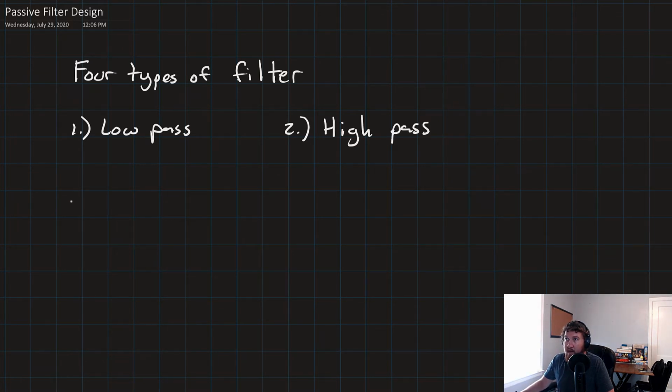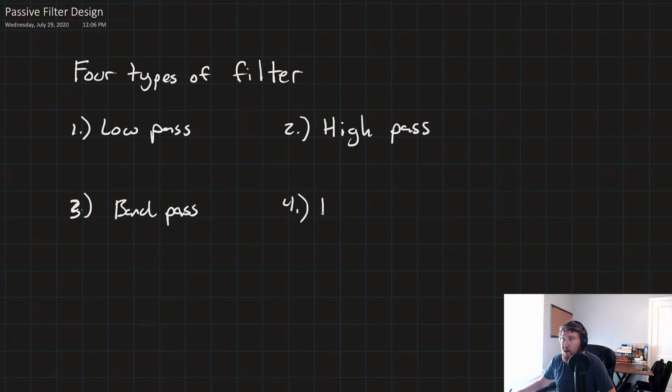Then we have band pass. And then we have band reject. And the concepts here are pretty simple.